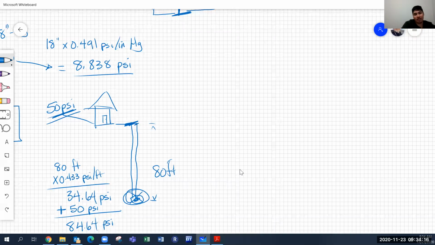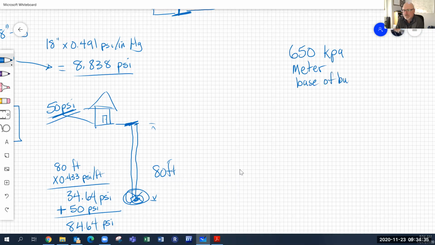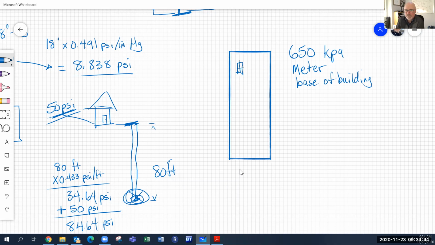Okay, let's do another example here. Say I have 650 kPa at a meter, and the meter is usually at the base of the building. Say I had a really tall building, I don't know how tall, but here's John on the 3rd floor in his window.